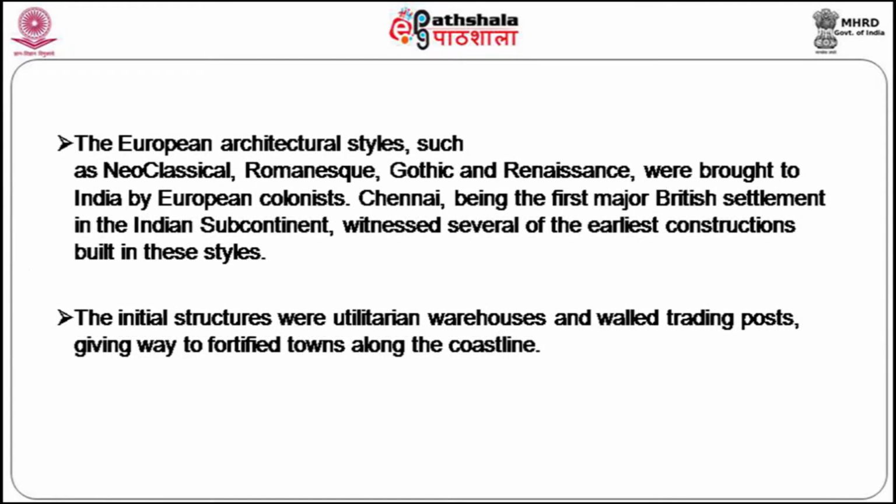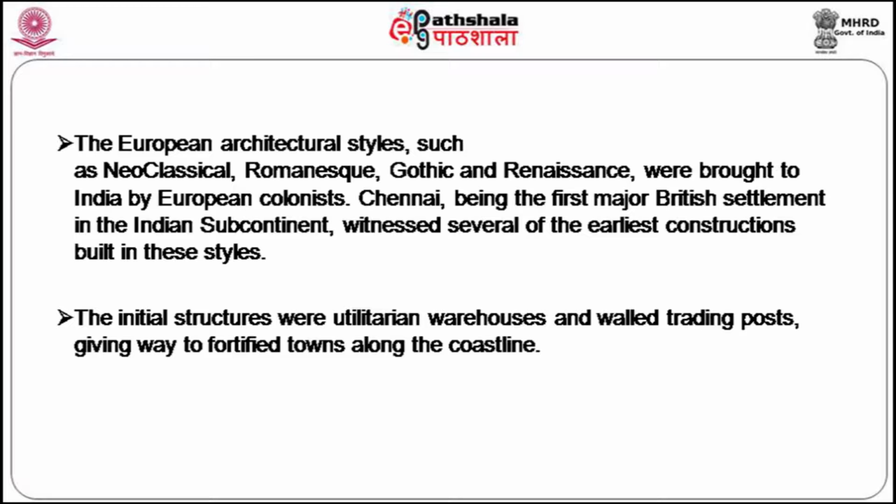European architectural styles such as neoclassical, Romanesque, Gothic and Renaissance were brought to India by European colonists. Chennai, being the first major British settlement in the Indian subcontinent, witnessed several of the earliest constructions built in these styles. These old buildings give a character to this particular stretch of 2.5 kilometer road.